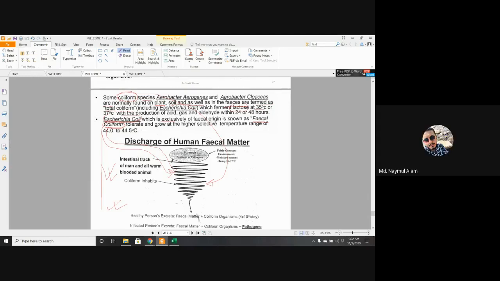And this fecal coliform grows at a higher selective temperature, that is 44 to 45 degrees Celsius. And total coliform grows at a lower temperature, like 35 to 37 degrees Celsius.